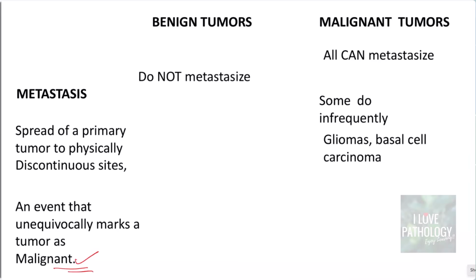For example, gliomas. They remain localized. They are locally aggressive tumors. Basal cell carcinomas, another cutaneous tumor, also are locally aggressive tumors, and they are called rodent ulcers. They are malignant tumors. They do not go to the distant site, but yet locally invade. That's another feature of malignant tumors, right?